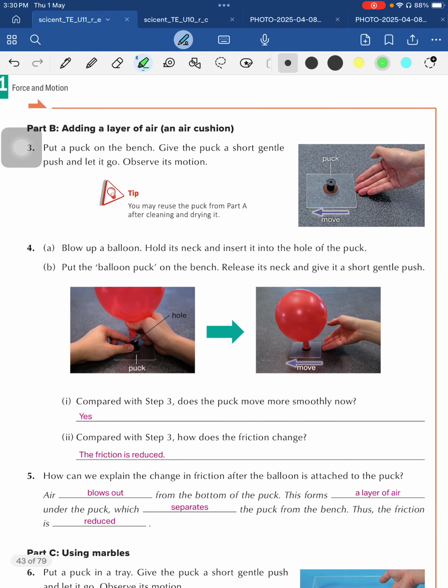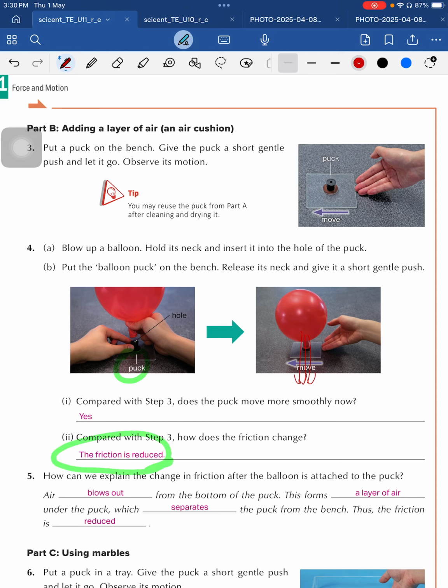Next, we use the same puck and try to move it on the desk, and you find that again it's very hard to push, and it actually doesn't move because of the friction. Now, if we blow up a balloon and then put it on the puck, and then you try to move the puck again, you find that it's much easier because the air coming out from the balloon will make some separation between the floor and the puck, and the friction will be greatly reduced.